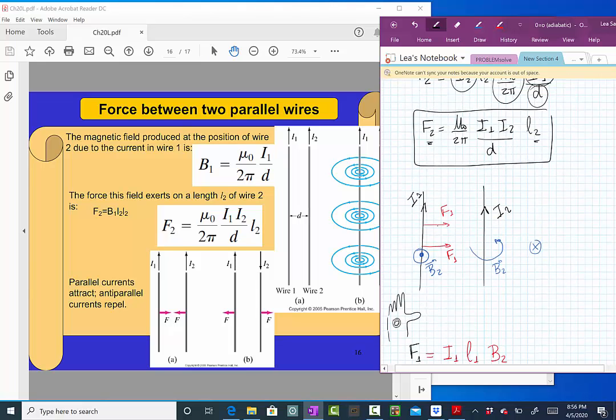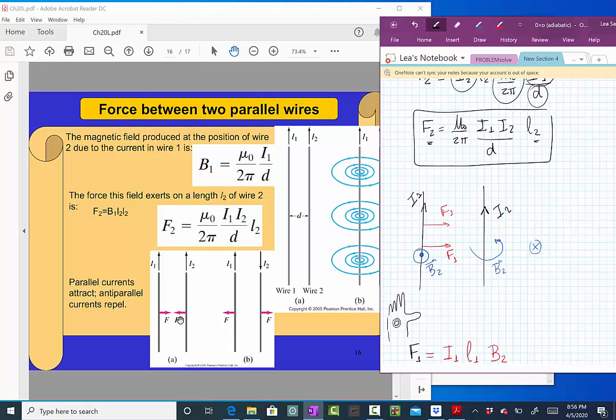Look, when we were playing with these two wires, we found that the force on wire 1 is to the right, caused by wire 2. We found that the force on wire 2 is to the left, caused by wire 1.